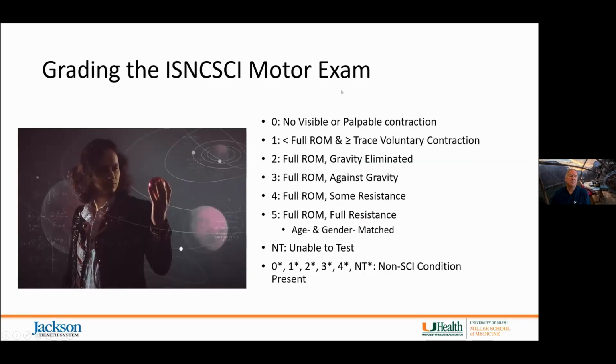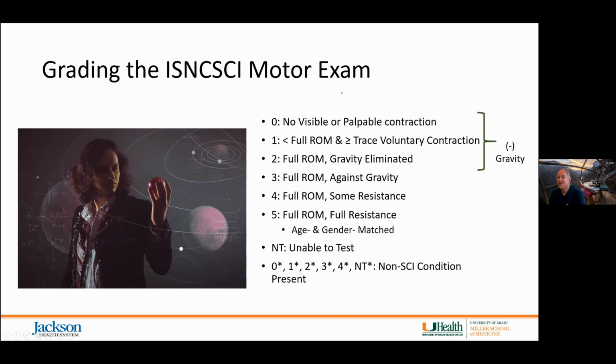But basically, as we look at the motor exam, we keep in mind that we are essentially looking at, on a 0 to 5 scale, this is ordinal data. Just keep in mind that the first couple of numbers that we might put down have to do with what the person can do with gravity eliminated.